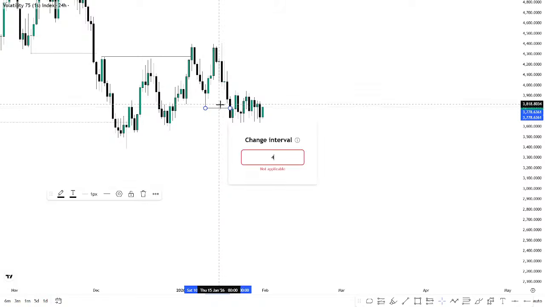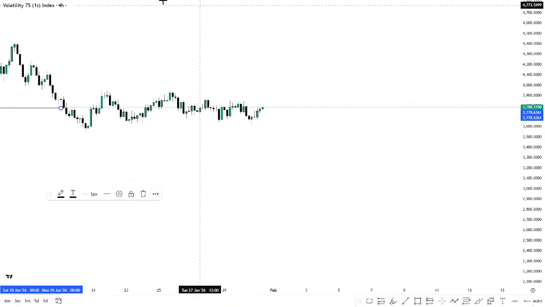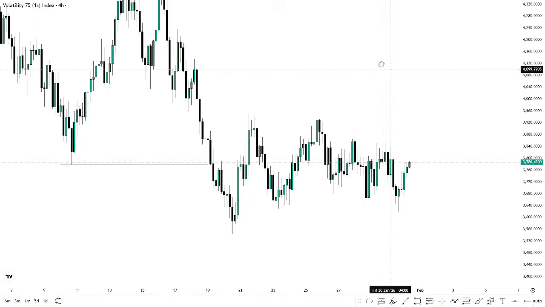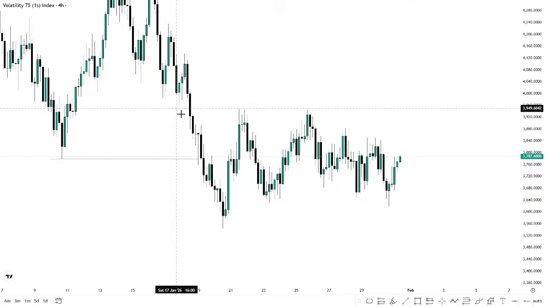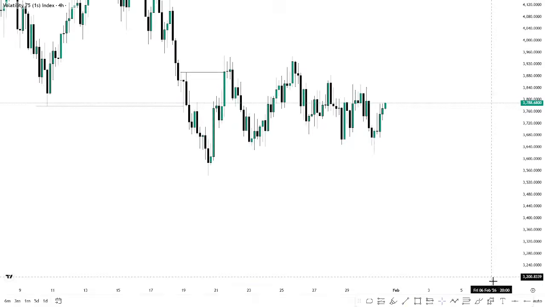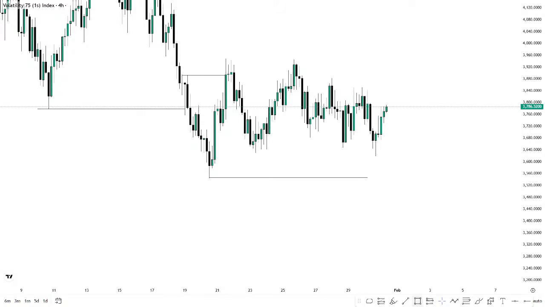So let's go to 4 hours time frame. We had a sweep of this. I'm expecting market to target this low for now.